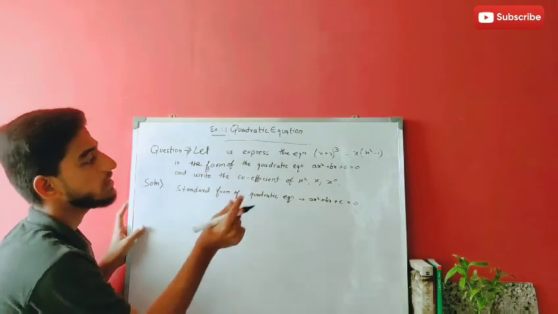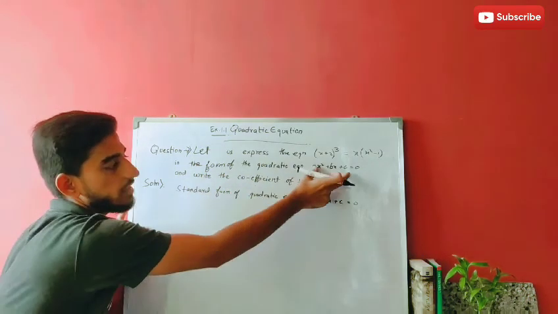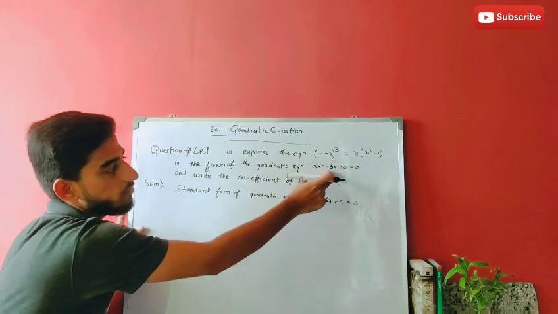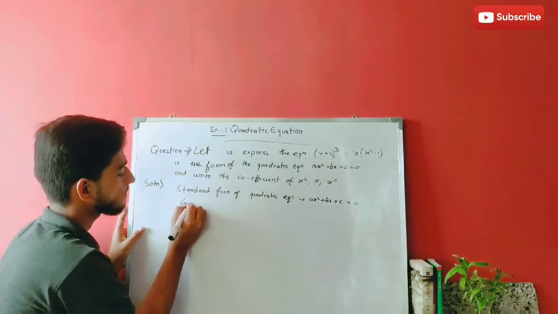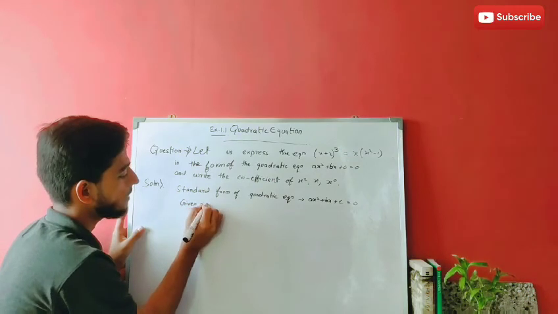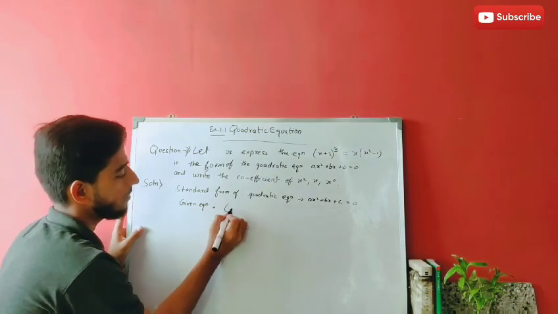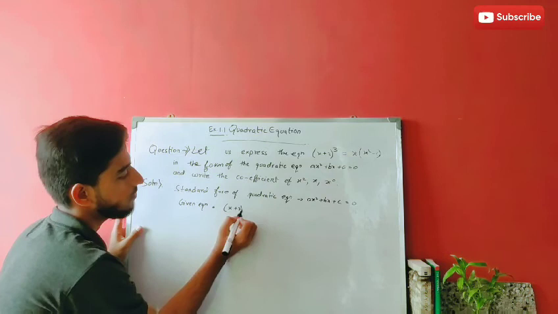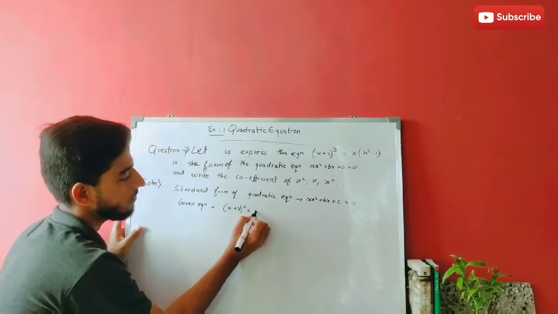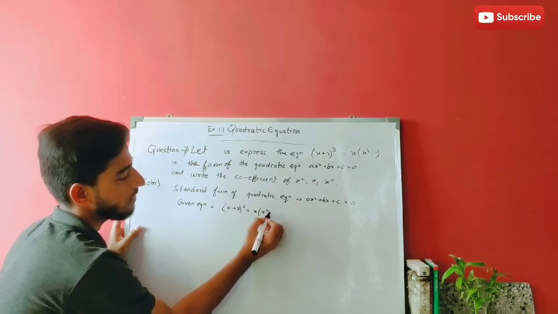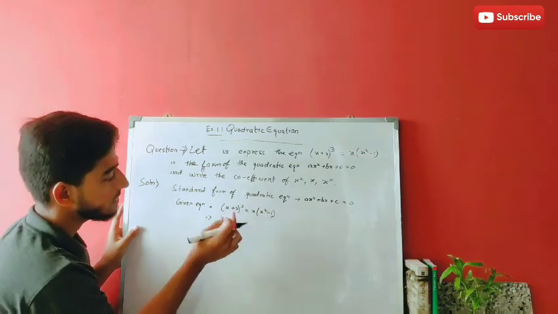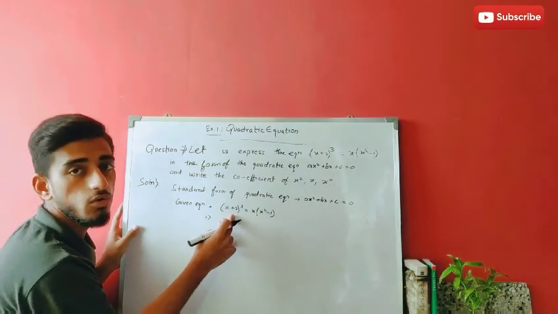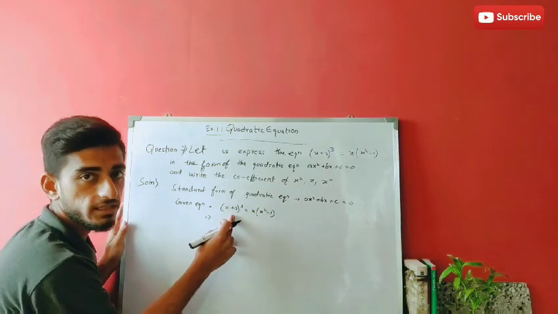So now come to this. Now first we have to make it in the standard form. This equation we have to make in a standard form. So the given equation is x plus 2 whole cube is equal to x into x square minus 1. So we will solve this one. This is the a plus b whole cube formula. So first we will break this using the formula.